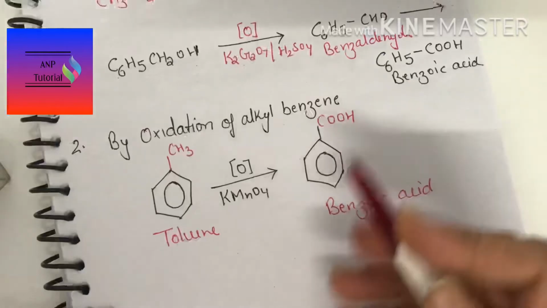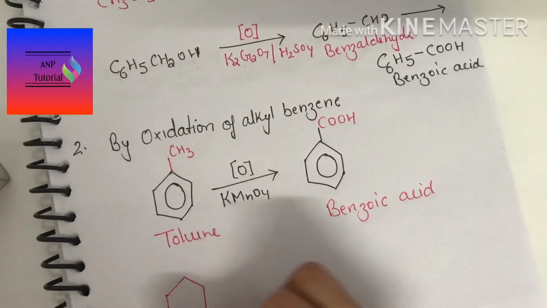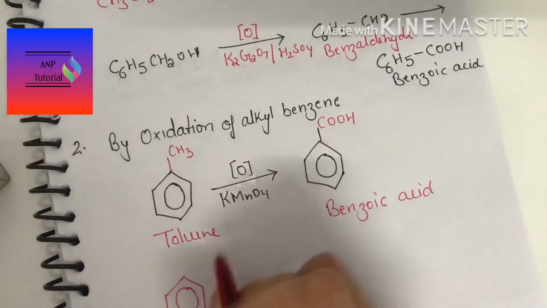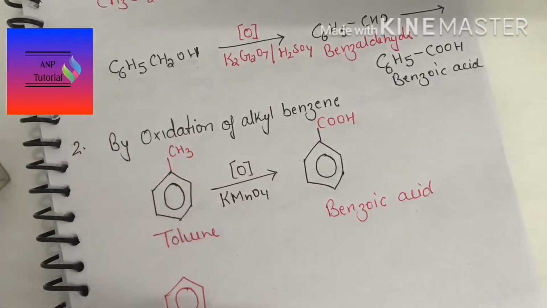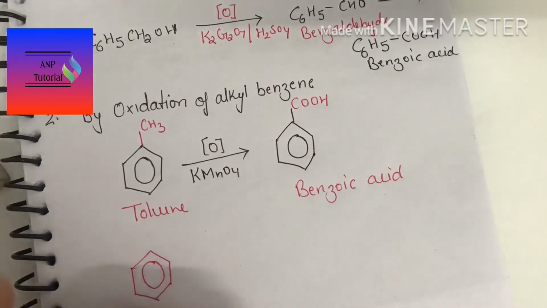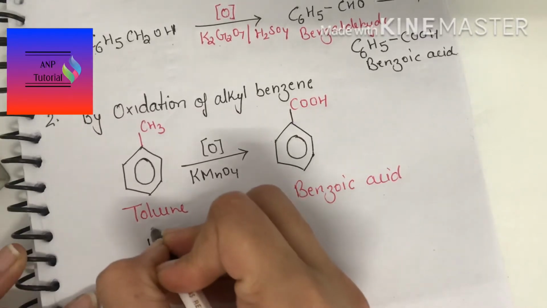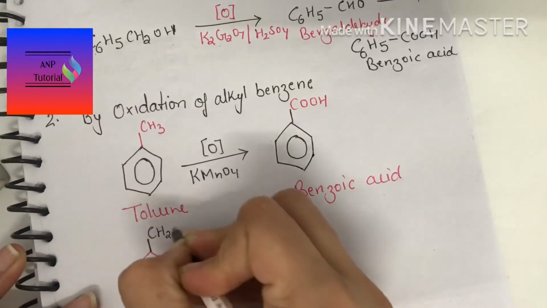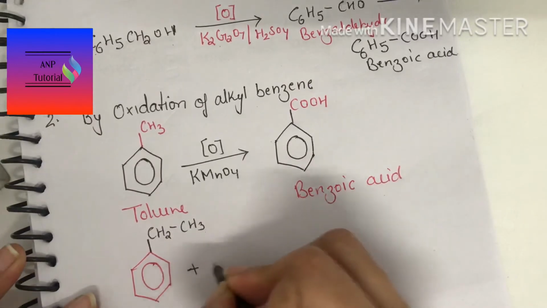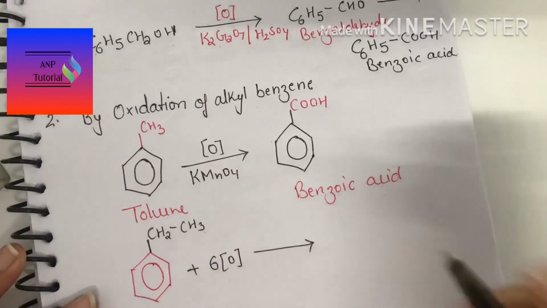Here I am taking another example. See, benzene ring. This is methyl benzene. Now I am taking another example, ethyl benzene. Ethyl is an alkyl group directly attached to the benzene ring, CH2CH3. Oxidation, oxygen. Then what will happen?